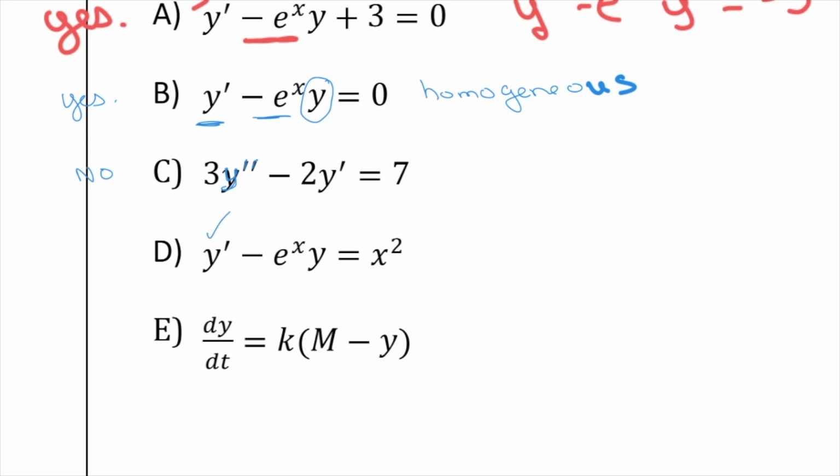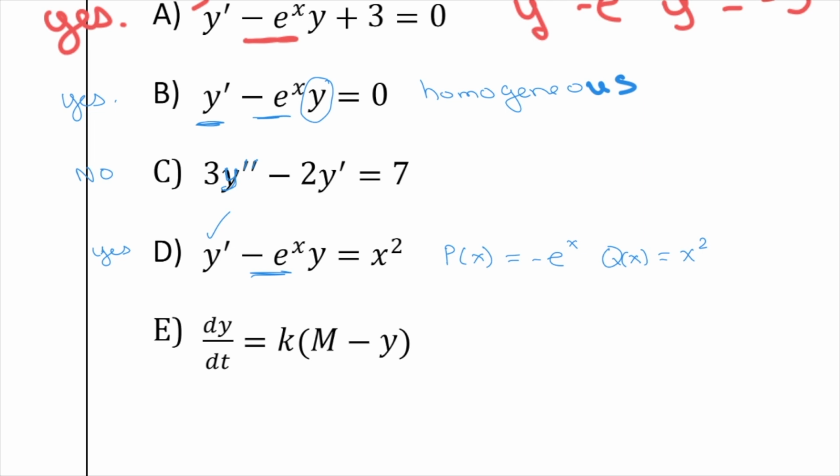Check. I have minus e to the x, so that would be my p of x in this problem. P of x is negative e to the x. And then we also can see that we have q of x in the problem, and that one is x squared. So this problem is a first-order linear differential equation. It is not homogeneous, and I cannot use separation of variables to solve it.